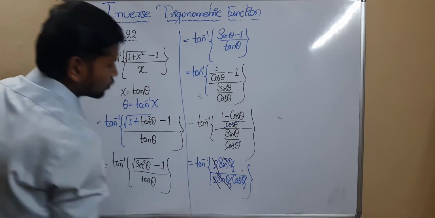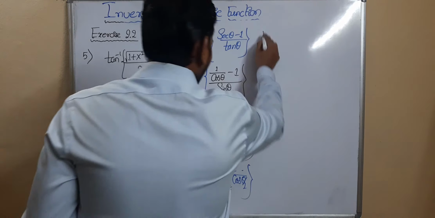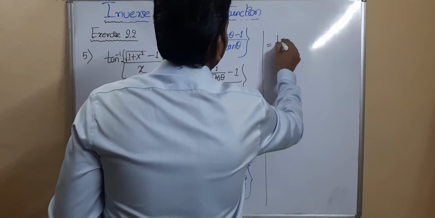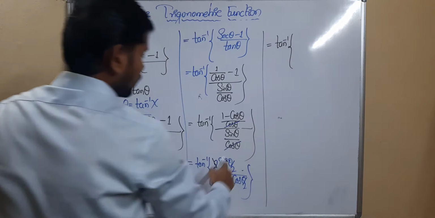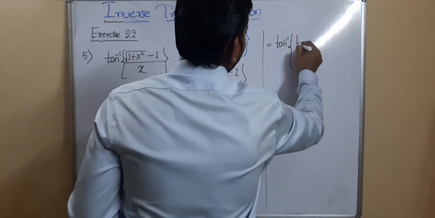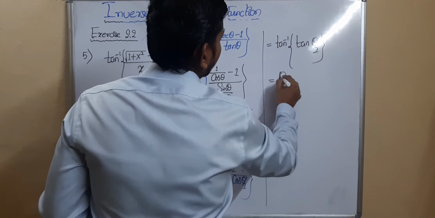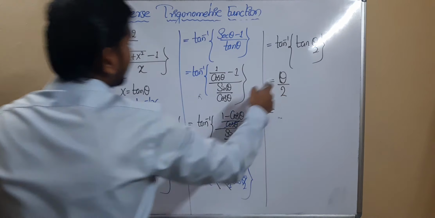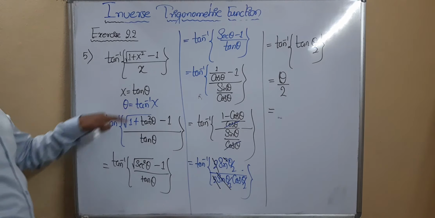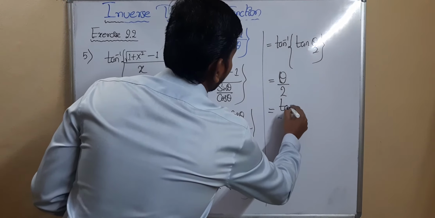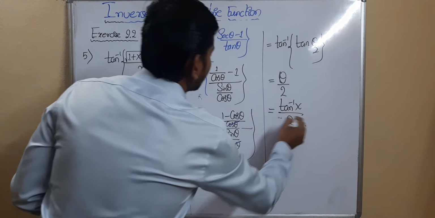One of the sine functions will be cancelled. Then it will be tan inverse of sine by cos. It will be tan of theta by 2. It will be tan inverse of tan of theta by 2, which is theta by 2. What's the value of theta? Yes, theta value is tan inverse of x, divided by 2.